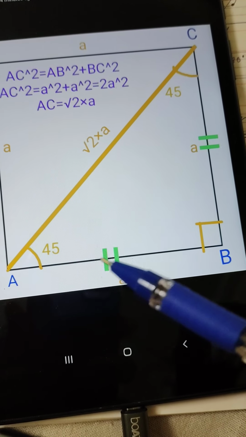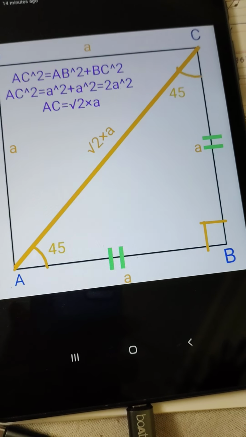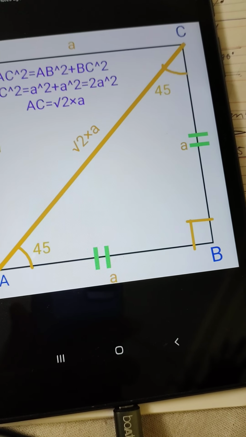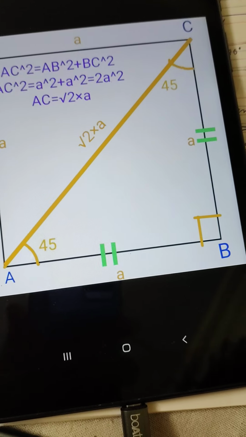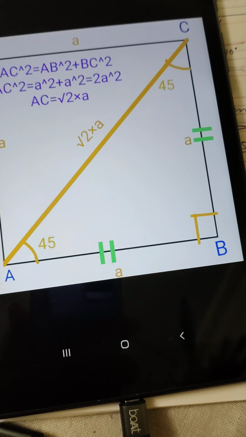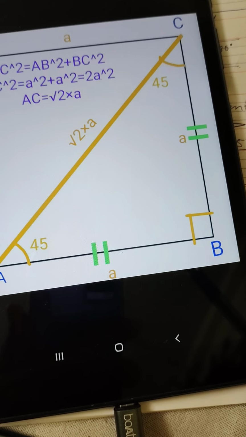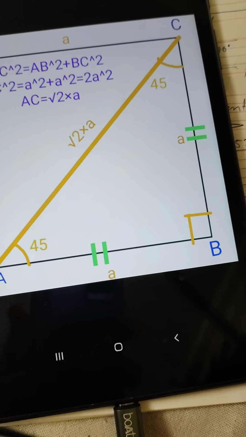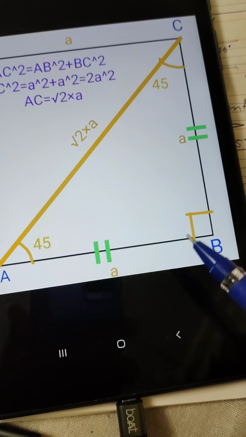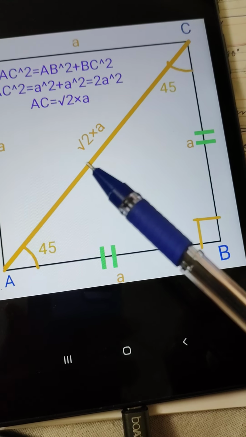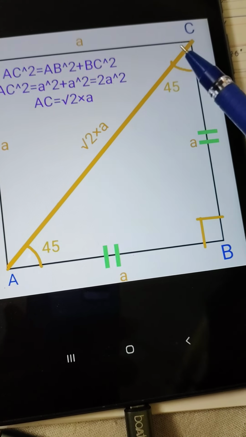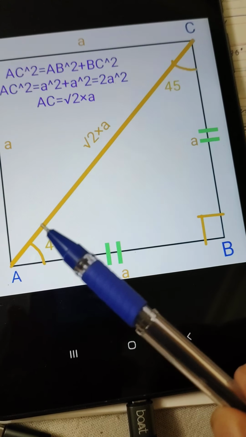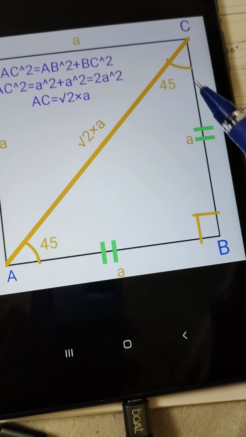The square on the hypotenuse is equal to the sum of the squares on the other legs. So how to identify the hypotenuse? The side opposite to the right angle. This is the right angle and this is the side opposite to the right angle. This side is called the hypotenuse. So this is the hypotenuse of this triangle.